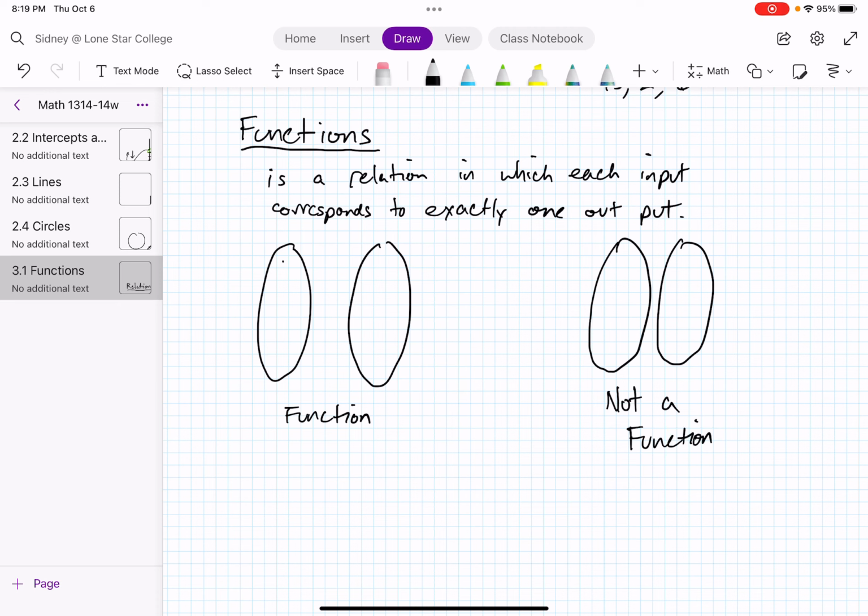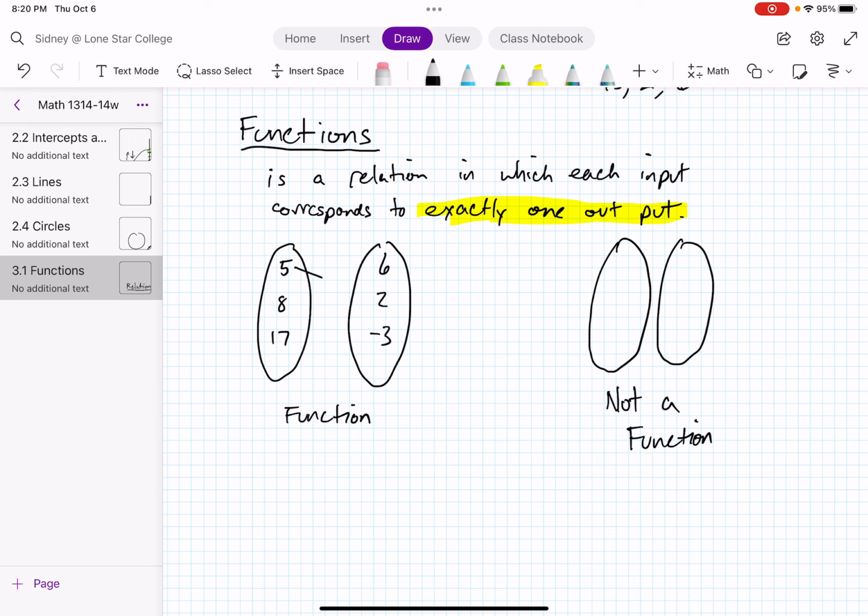So if I have 5, 8, and 17, those are my inputs, and my outputs are 6, 2, and -3. The input 5 has exactly one output.